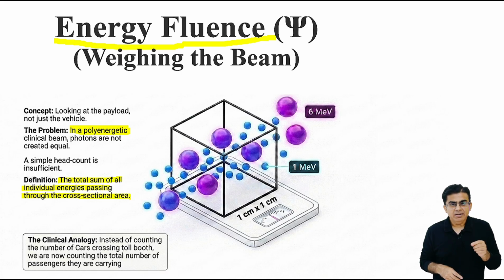To know the real impact, you must count the total number of passengers sitting inside all those cars combined. In our physics reality, these passengers represent the actual energy. Energy fluence looks at the actual payload being delivered, not just the vehicles. It measures the true amount of energy passing through this window.